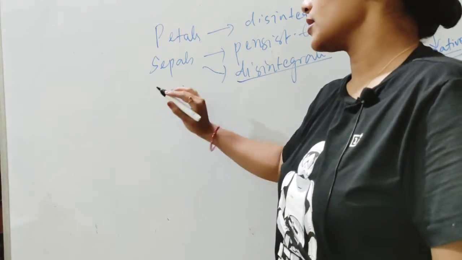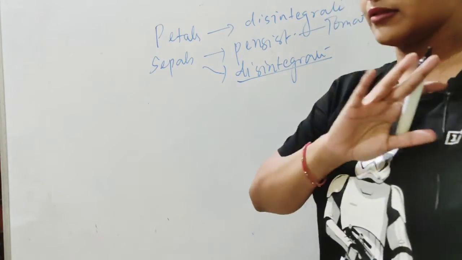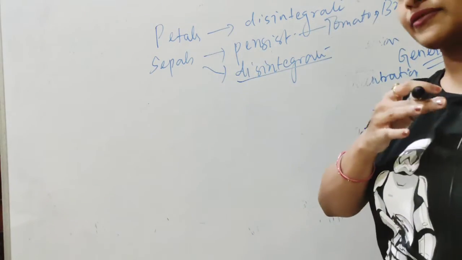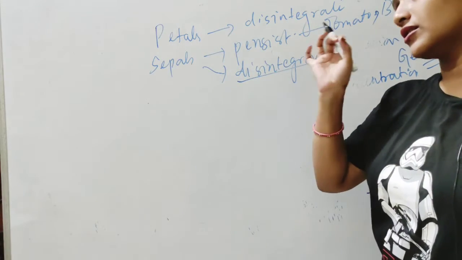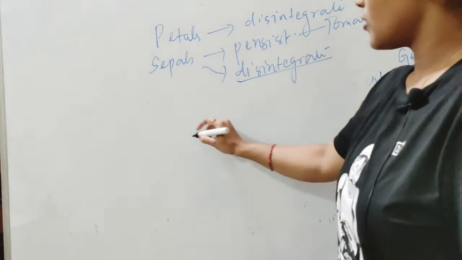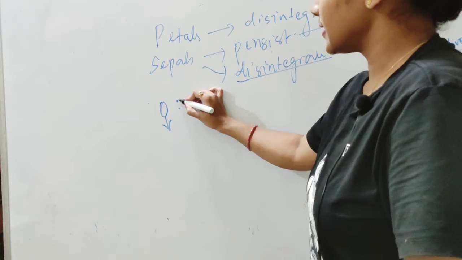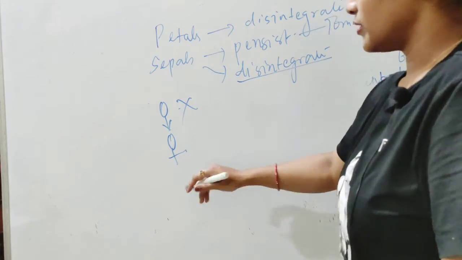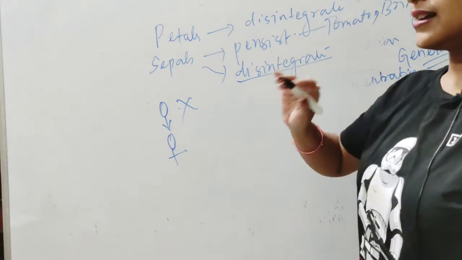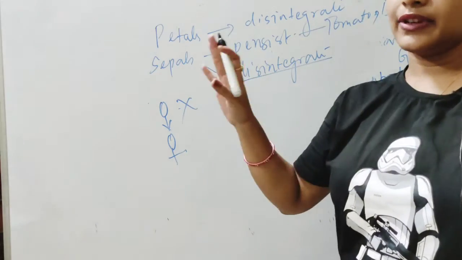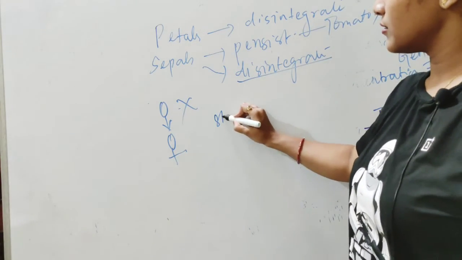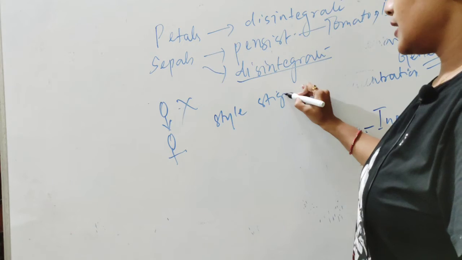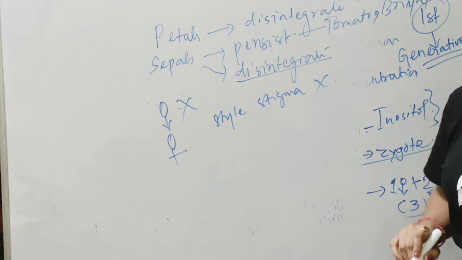Then talking about the androecium, no use. After fertilization you are totally useless, so kicked out. Now talking about the gynoecium, the various parts which take place. Now style, stigma, we are done with you. Okay, so style and stigma, we don't require you anymore.